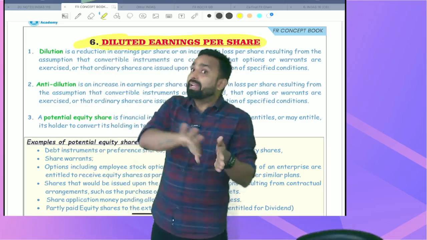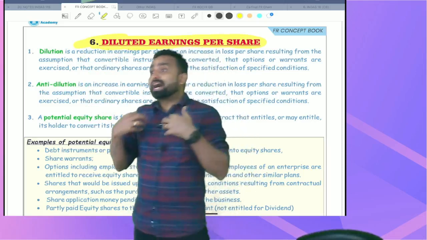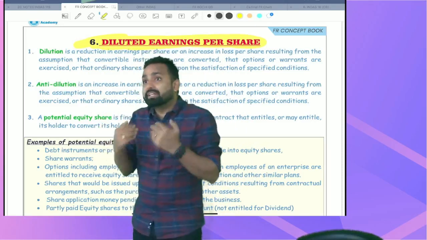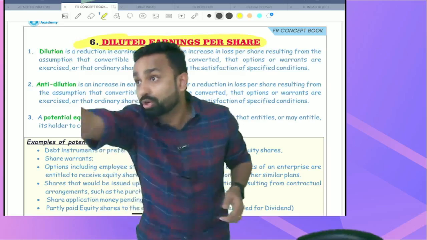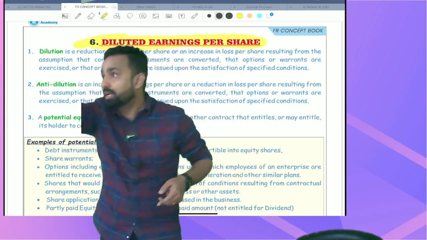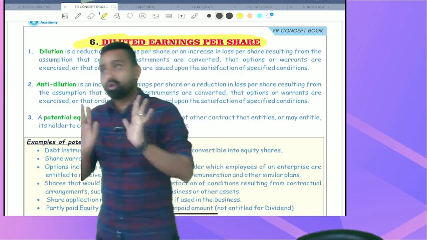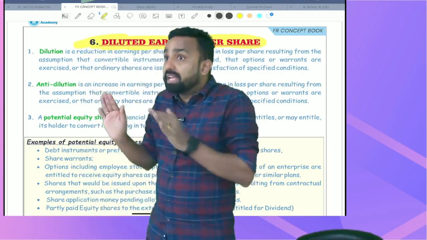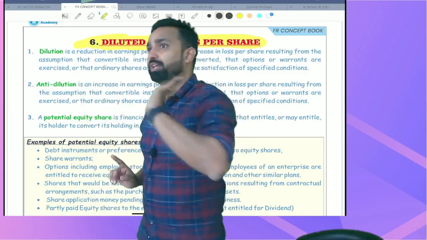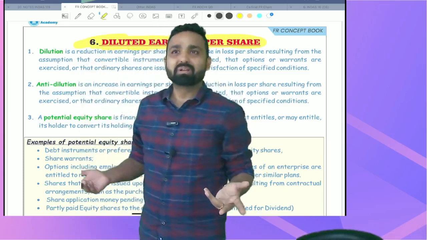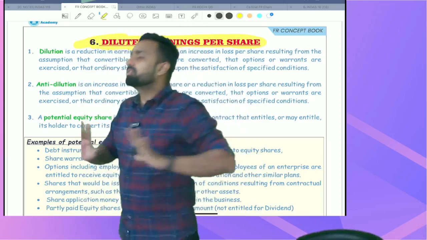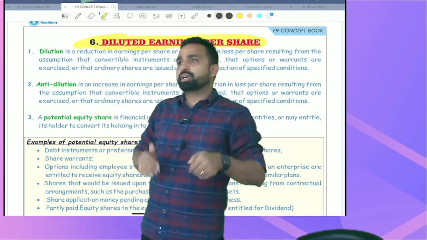They may or may not. We don't know. But why are we calculating diluted earning per share? To let ordinary equity shareholders know that right now there is a good earning per share, but in the future we may have a reduced earning per share. Take care of that. A prudence principle. So this is the simple concept of calculating diluted earning per share.